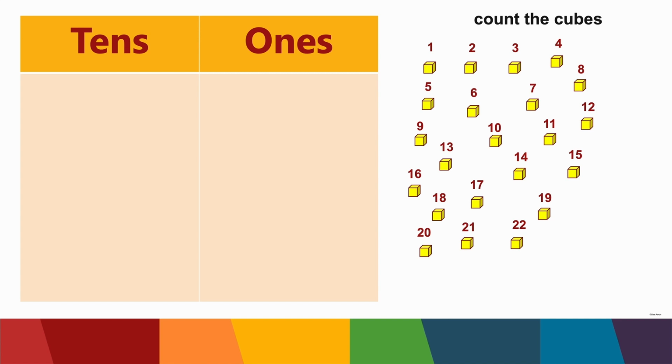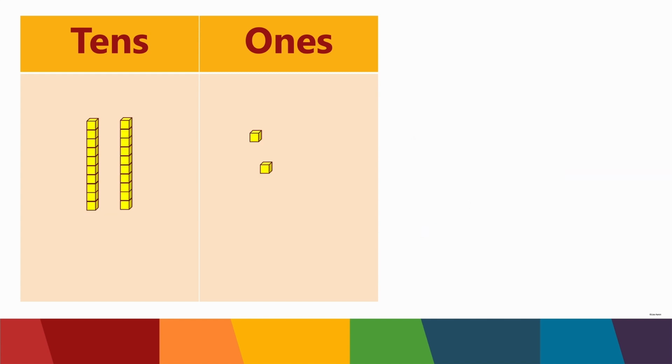We have 22 cubes. How can we arrange it on our place value mat? We have to group as many units of 10 as we can in the tens column, and whatever is left over is in the ones column. It would look something like this. We have 2 groups of 10 and 2 left over in the ones column. Our number is 22.